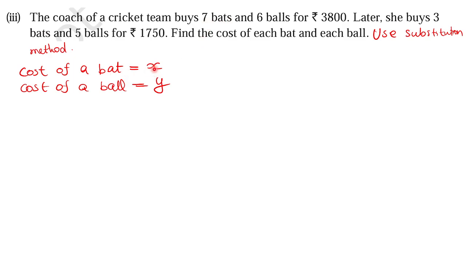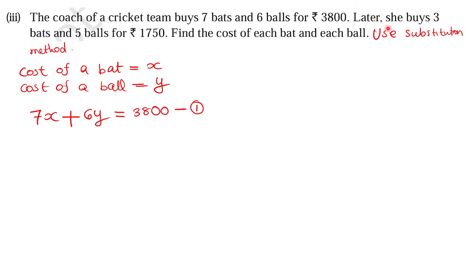Plus 6 balls. 1 ball has the price Y rupees, so 6 balls has the price 6 times Y. This is the total cost. 7 times X plus 6 times Y is the total cost, and this total cost is given as 3800. Equation number 1.